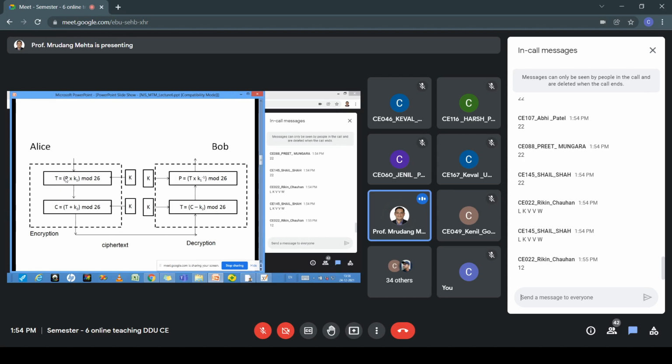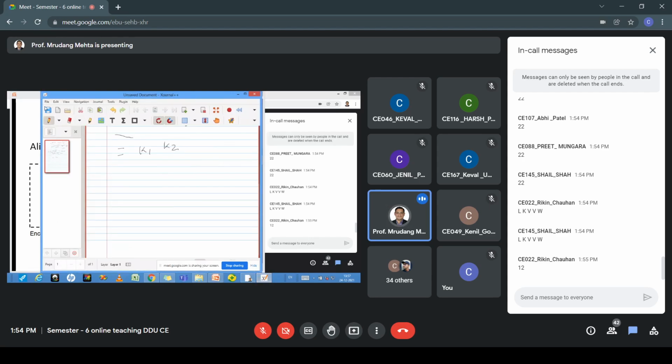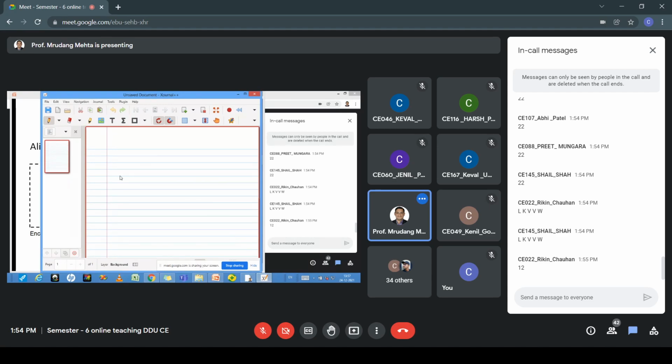In general, we can write it as C is equal to P into K1 plus K2 mod 26.